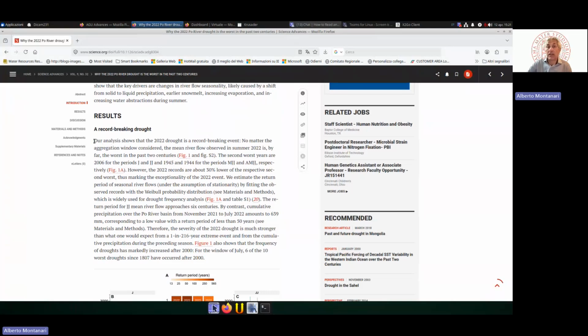In this particular case, Science and Science Advances, and Nature as well, they prefer, after the introduction, to anticipate the results. It's a way to convey in a quicker way what is the main finding of the paper.